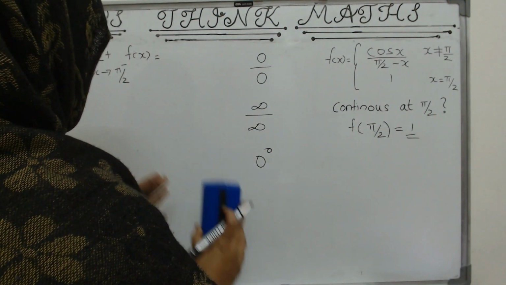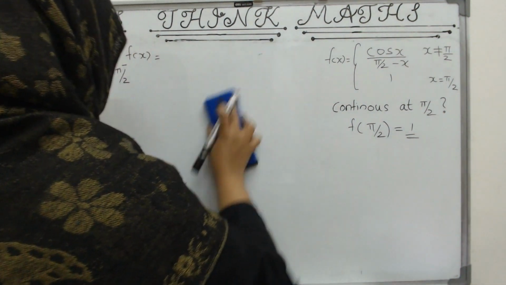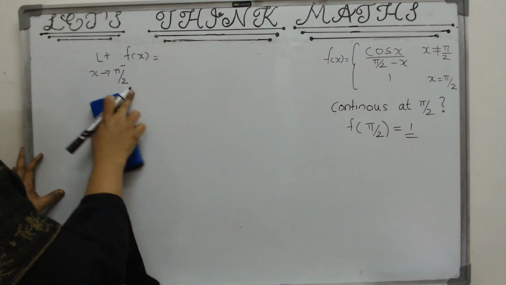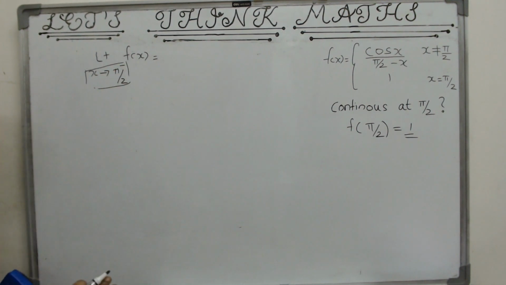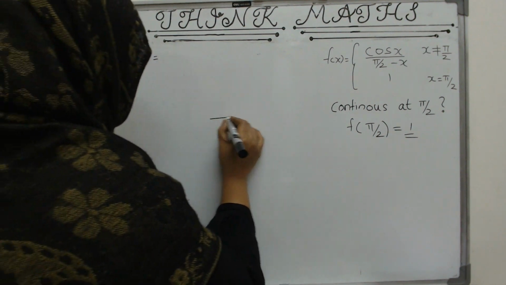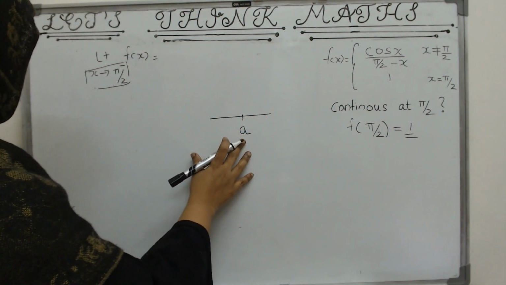And once something like this happens, there is a small trick we use. What is our main purpose here? We have to get rid of this particular limit. So instead of this, we substitute it with another limit. How do we do that? Let me show you. Suppose the point where you have to check the continuity is a.